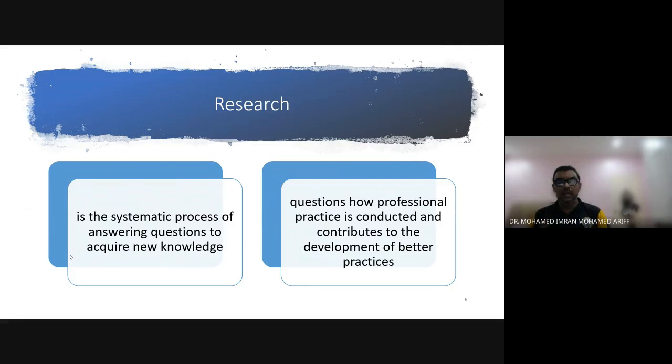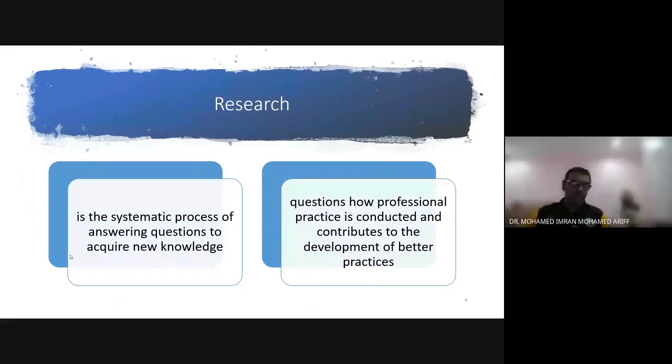Right. So next one, questions of how professional practice is conducted and contributes to the development of better practices. So maybe you question the professional practice. Okay, the professional practice. Let's say I give you an example of a building. Let's say a construction company is building a building using IBS ke apa namanya lah.